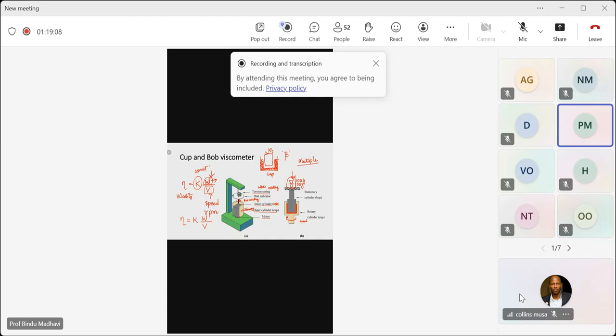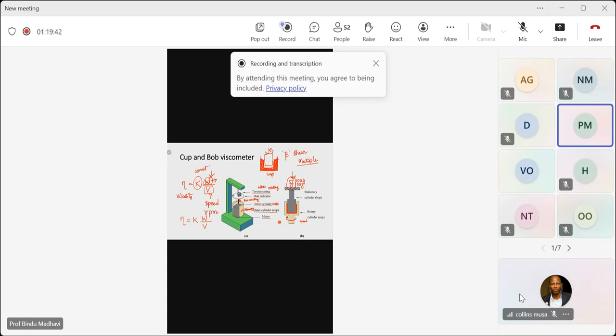Let us consider this is the bob which is rotating and this is the cup which is stationary. So now what happens? Whatever the liquid layer that is adjacent to the bob, because it is the bob which is rotating, the liquid layer adjacent to the bob will receive more amount of shear. The liquid which is present away from the bob, towards the walls of the cup, is different.